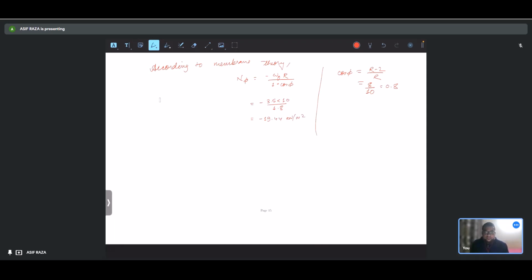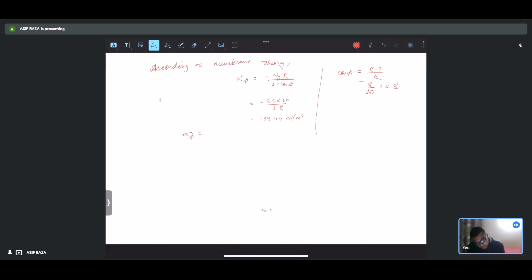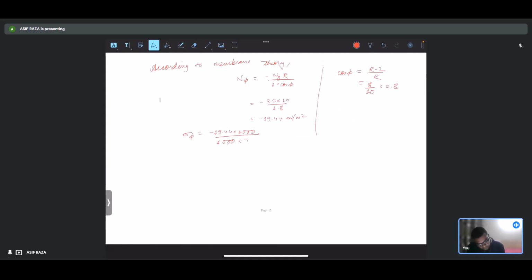Now my meridional stress would be equal to N phi, minus 19.44 into 1000 upon 1000 into thickness, which is 75.